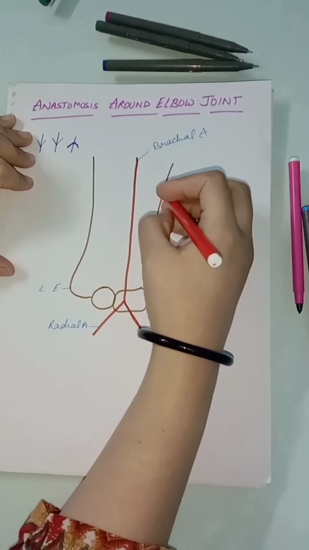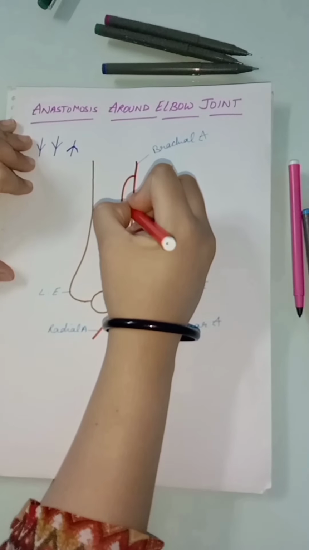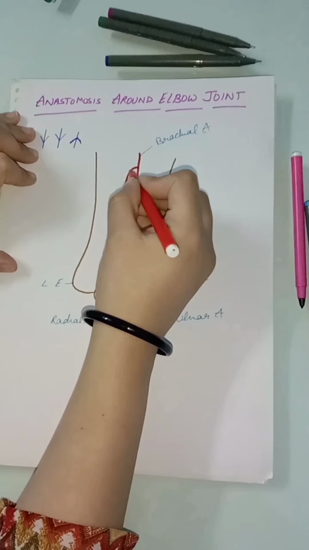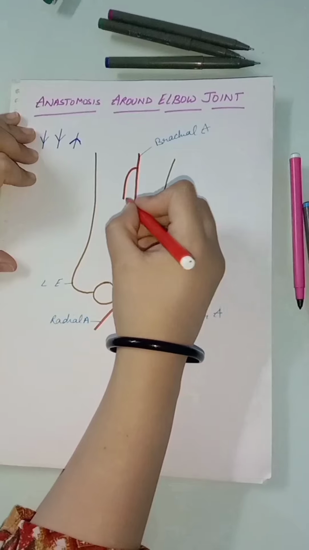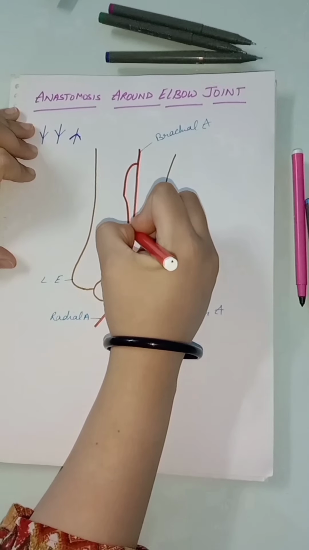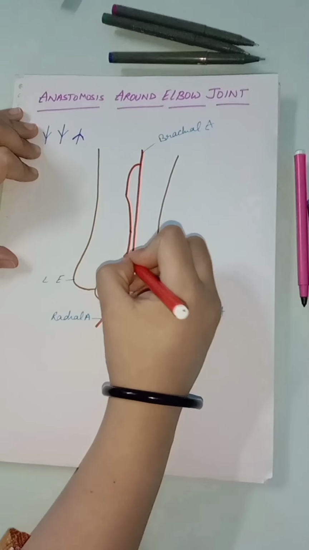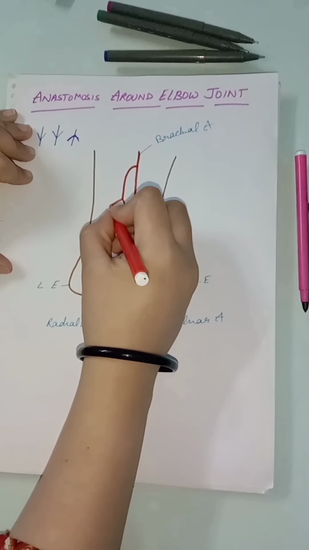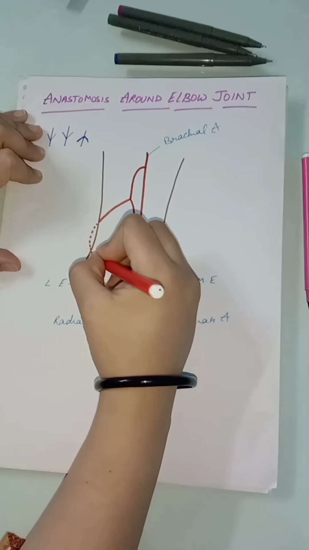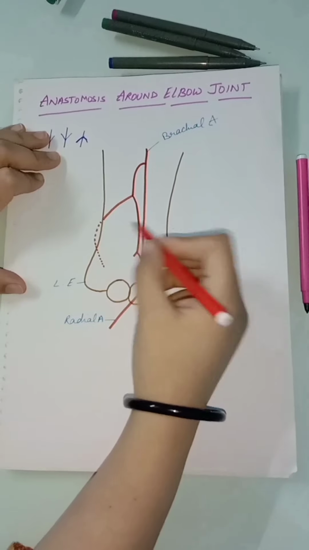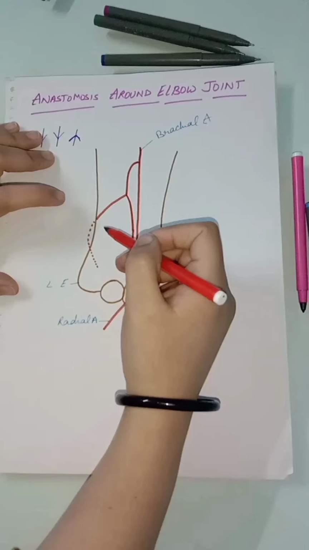So, the first branch is known as the Profunda brachii artery, which is divided into two parts, the radial collateral branch and the middle collateral branch.